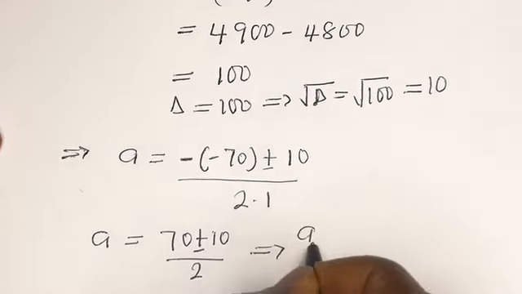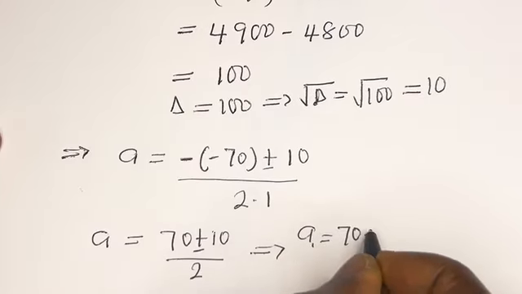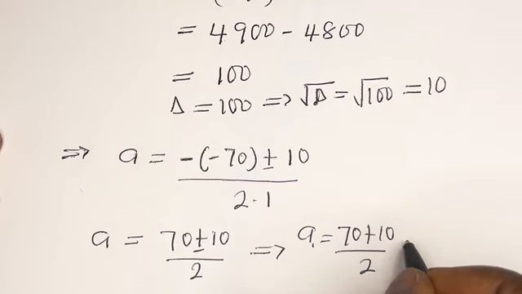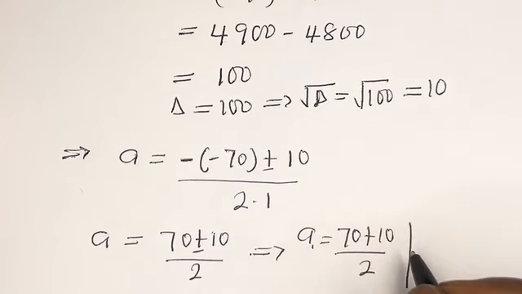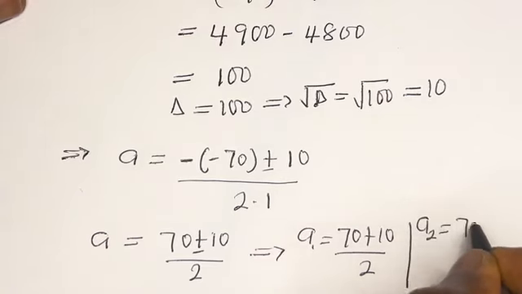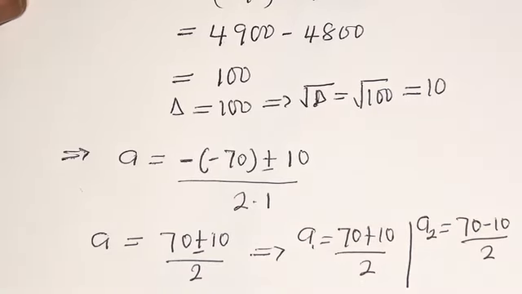Then A1 is equal to 70 plus 10 over 2 and A2 is equal to 70 minus 10 over 2.